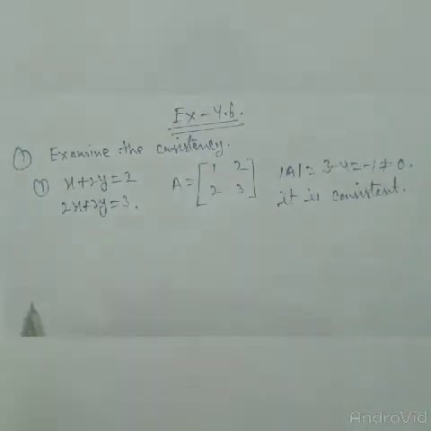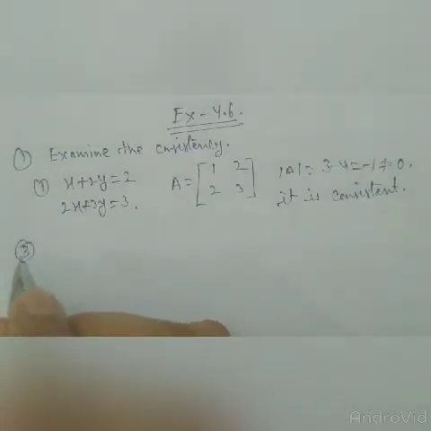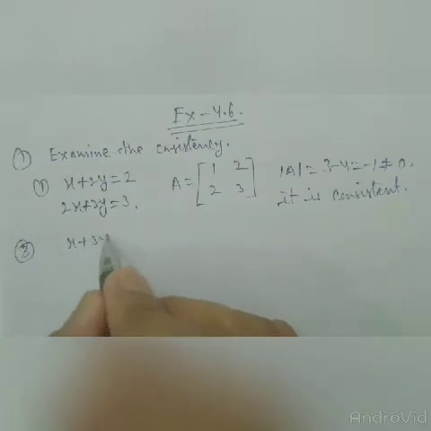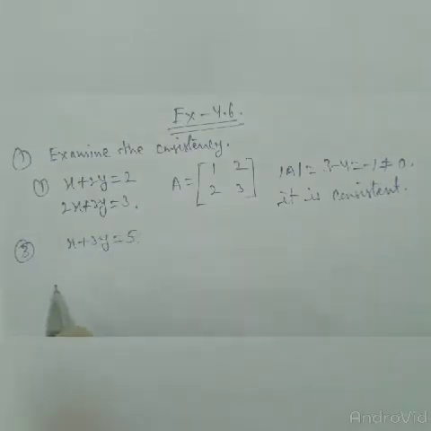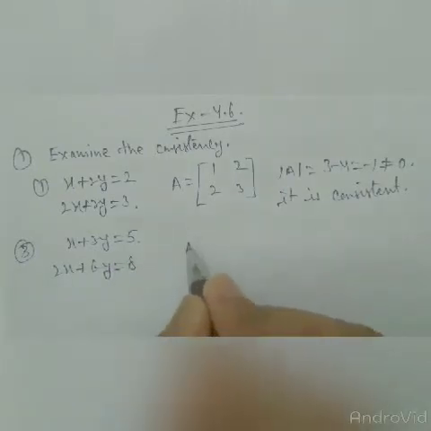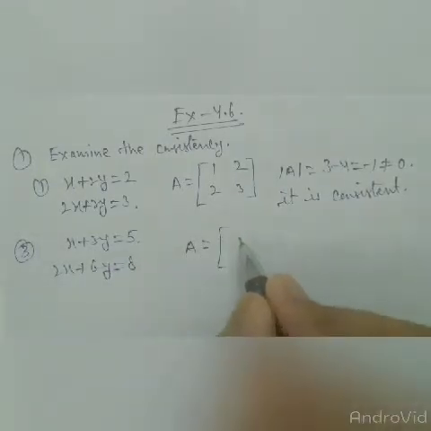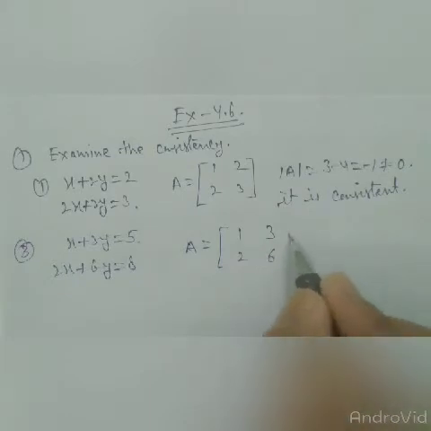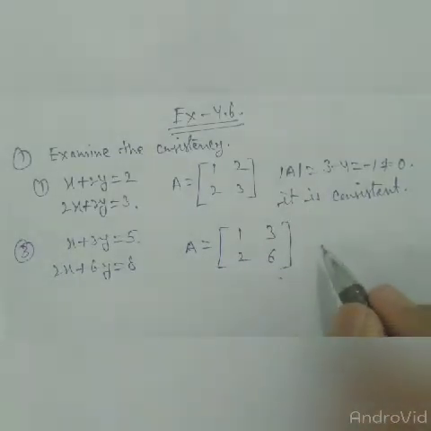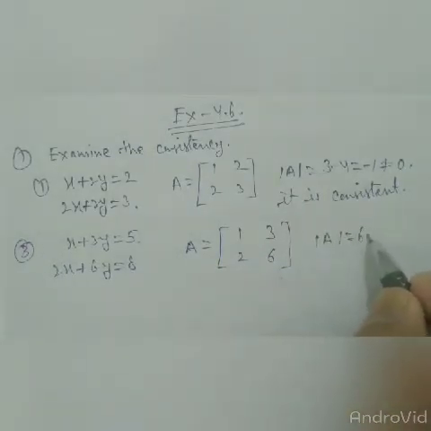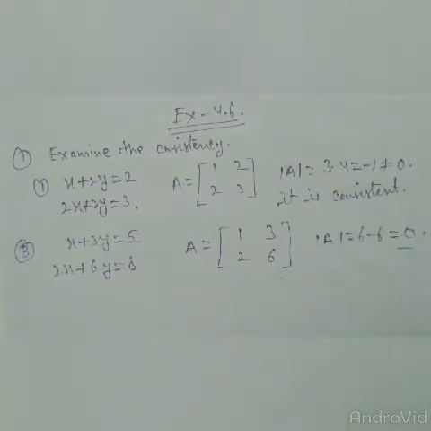Clear? Question number 3. x plus 3y equals 5, 2x plus 6y equals 8. Matrix A is 1, 3, 2, 6. Clear? The determinant of A is 6 minus 6 equals 0.